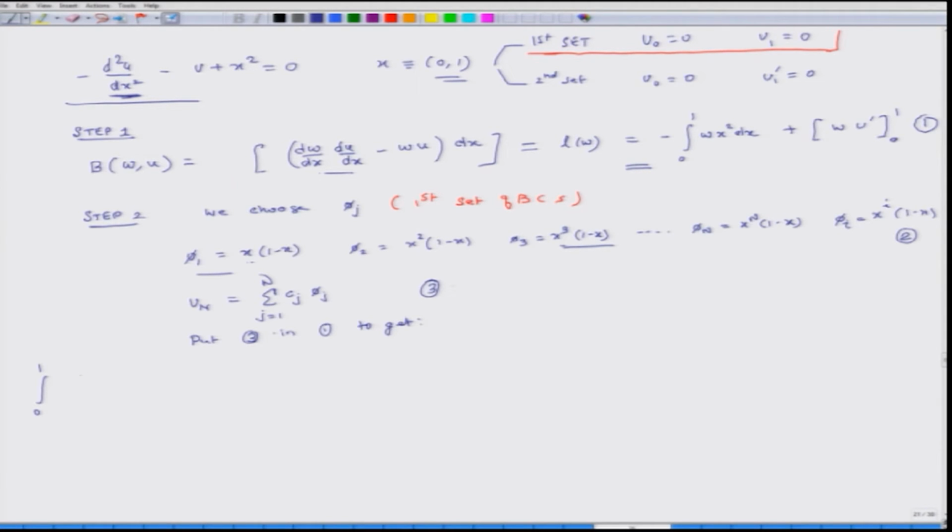So, the integral from 0 to 1 of d phi_i over dx times d phi_j over dx times C_j, j equal to 1 to n, minus phi_i phi_j times C_j, and I am going to put a bracket around it, that is why I have erased it, not that there was something wrong, dx.